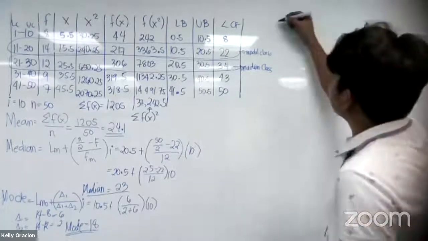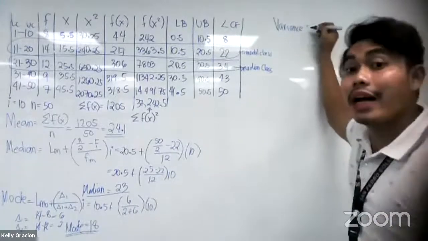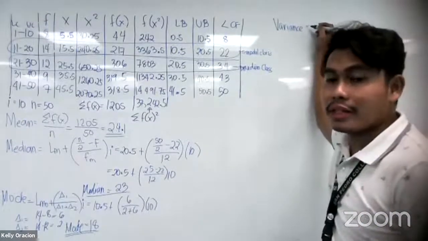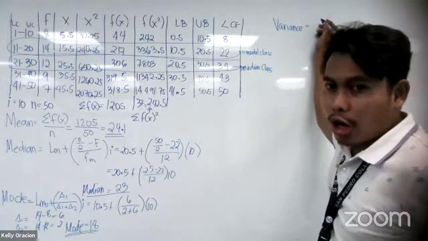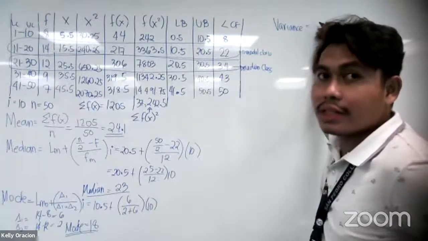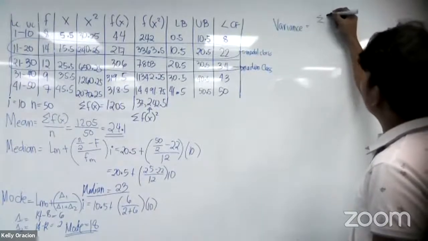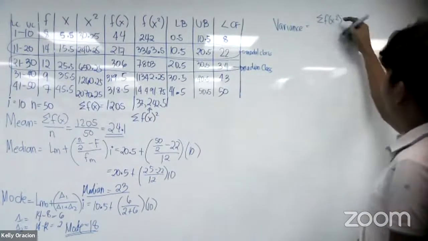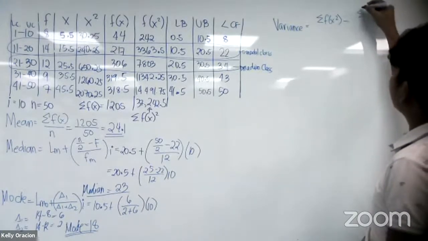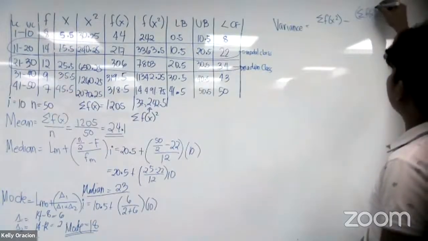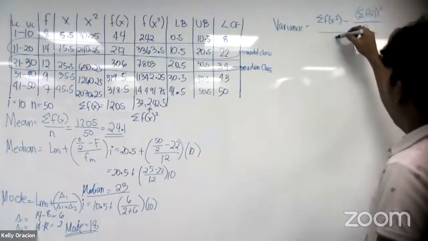Now, for the variance. The formula for the variance we have here. Ang gagamitin natin na variance formula is yung sa sample, the sample variance. The formula: summation of fx squared minus the summation of fx, naka-squared sa labas, over n, over n minus 1.